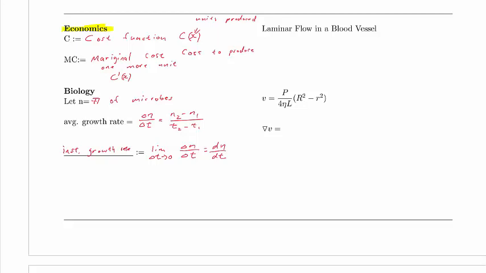Next, we're going to look at laminar flow in a blood vessel. Basically, for laminar flow in a blood vessel, we treat this, mathematically speaking, as if it were any kind of fluid flowing through a pipe. So you've got stuff flowing in, which, if it's a blood vessel, would be blood, hopefully.